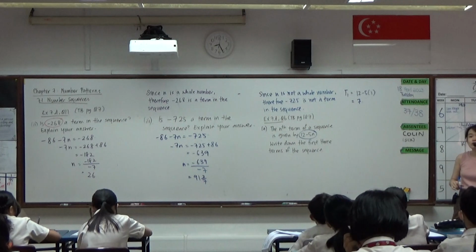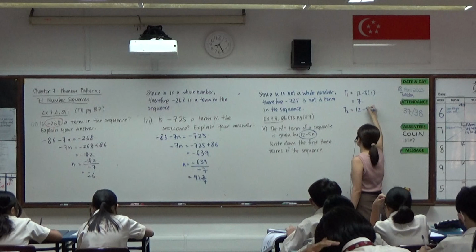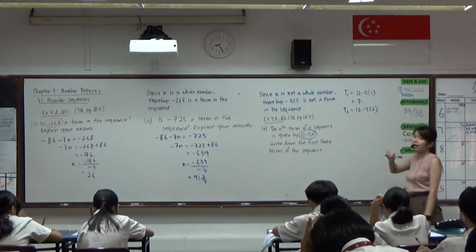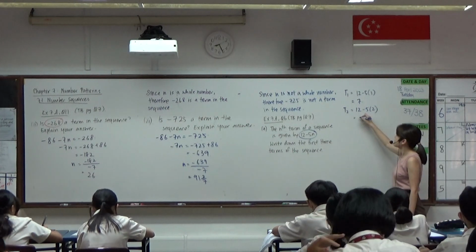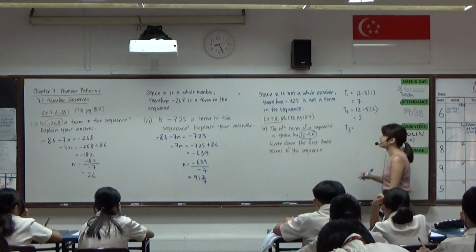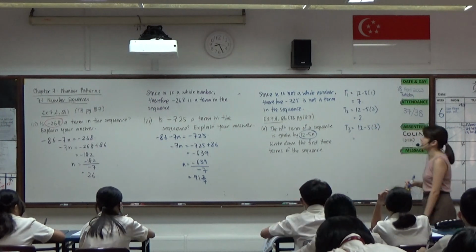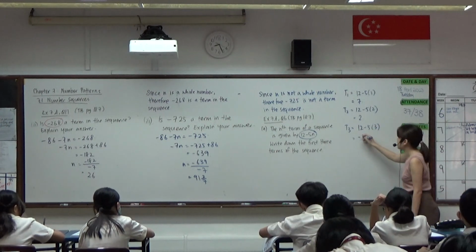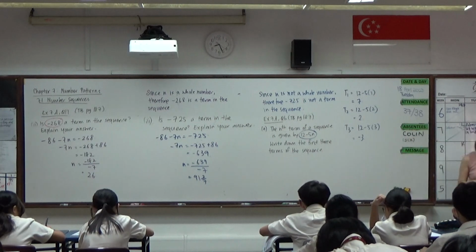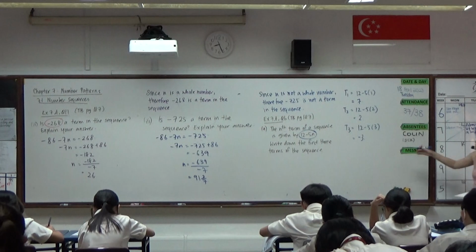Then naturally to find the second and the third term, replace the n by 2. In this case, we will get the value of 2. And then in my third term, replace the n by 3, and I will find that I get negative 3 for my third term. So that is your first three terms.